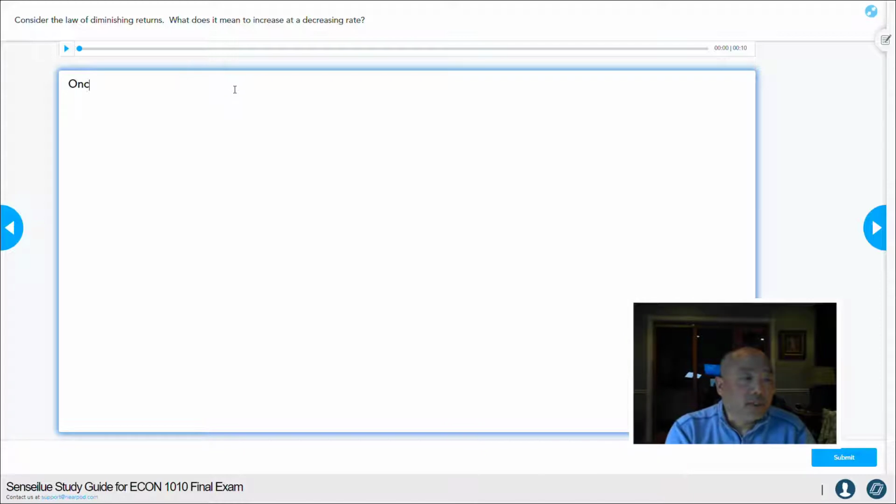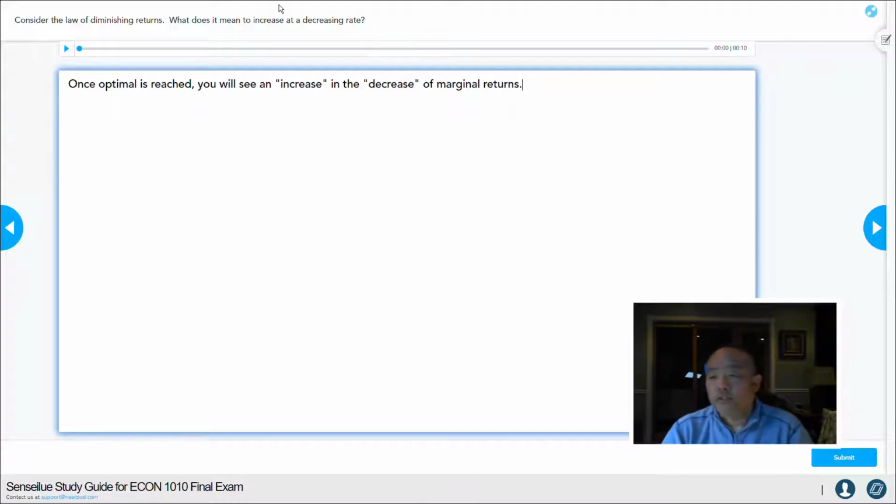Well, once optimal is reached, you will see an increase in the decrease of marginal returns. Thus, they're diminishing marginal returns.